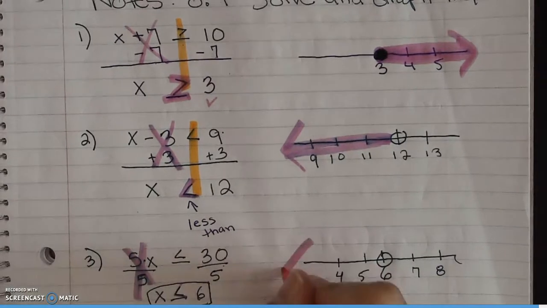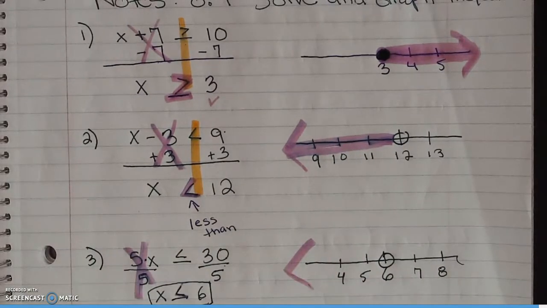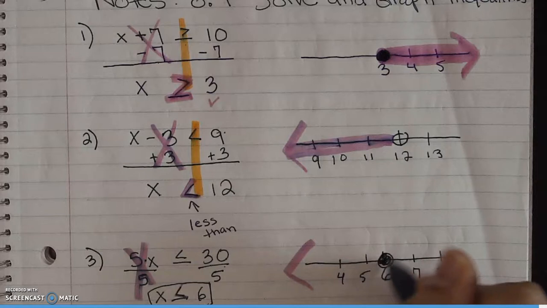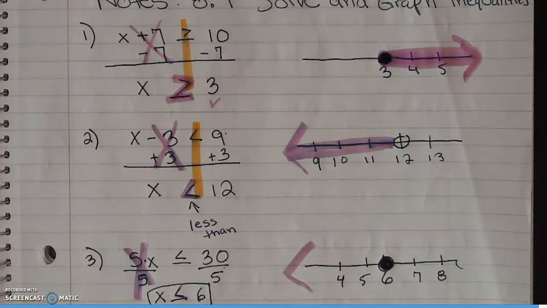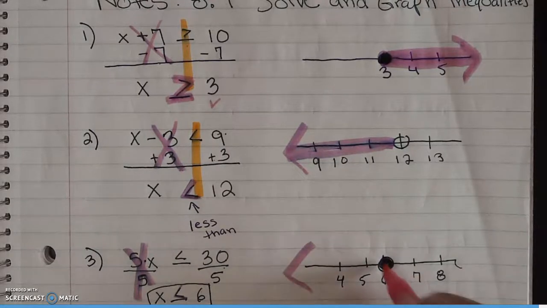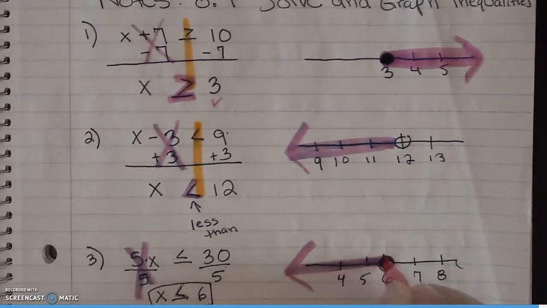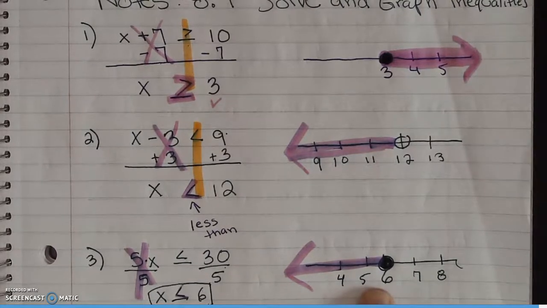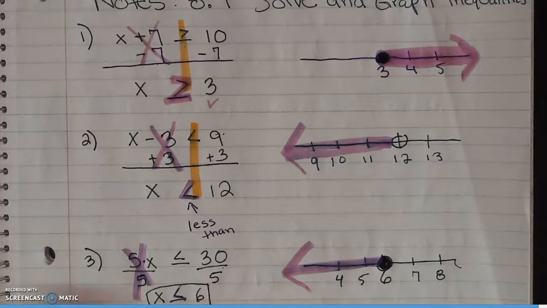So this one goes to my left. Okay. Guess what? It has an equal sign. So if it has an equal sign, I'm going to shade it in. It's a closed dot. And that means this closed dot goes all the way connected to this side. So x could be anywhere from 6 all the way to negative something.